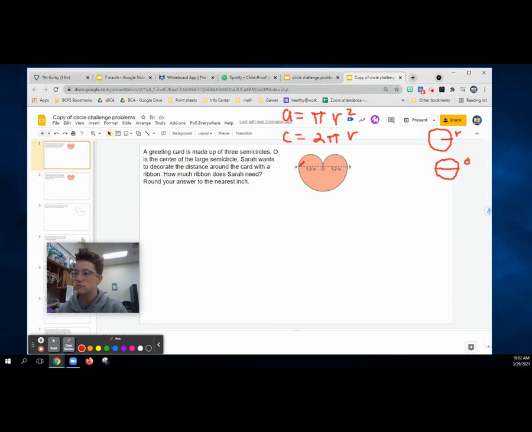So I'm going to need to find this distance and this distance. And then I'm going to need to find this distance down here. If you look, here's a semicircle with a diameter of 5.2, and here's a semicircle of a diameter of 5.2. I could put those together and make one circle with a diameter of 5.2.